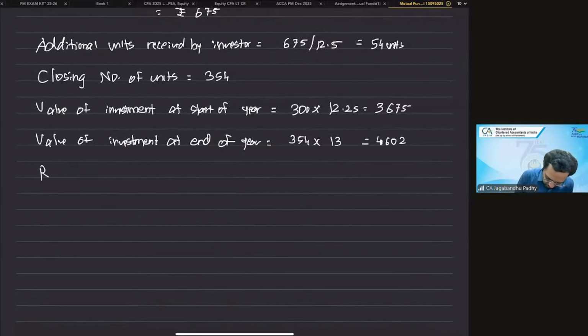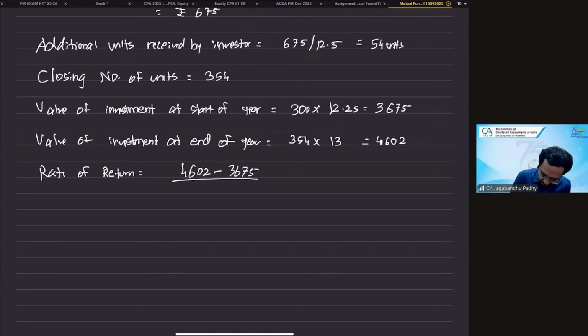So what will be the rate of return now? Rate of return will be 4,602 minus 3,675 upon 3,675.